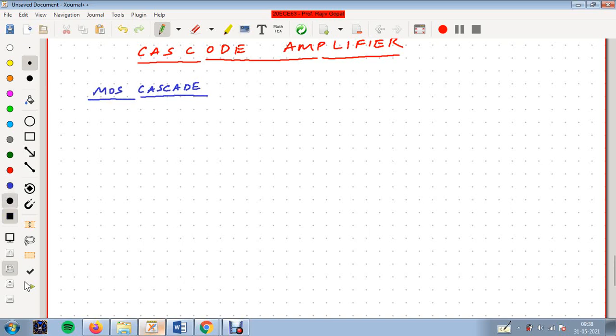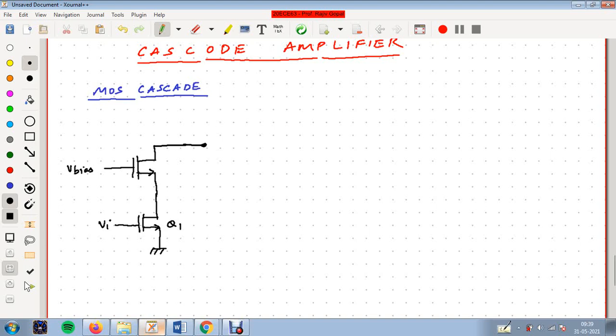Here you have Vi, the input, which is given to a common source amplifier. This common source amplifier I call Q1, and this is fed to a common gate transistor. Here I have given some bias voltage, V bias, just to bias that common gate transistor in the saturation region. But when you consider the small signal model, V bias becomes AC ground, so it is obviously common gate.